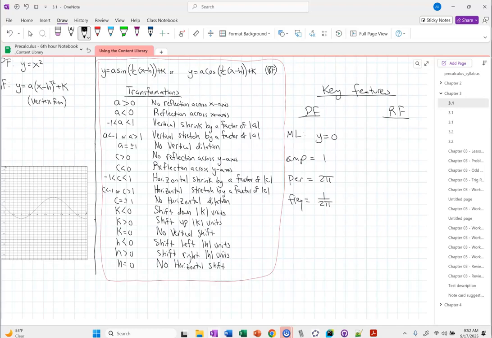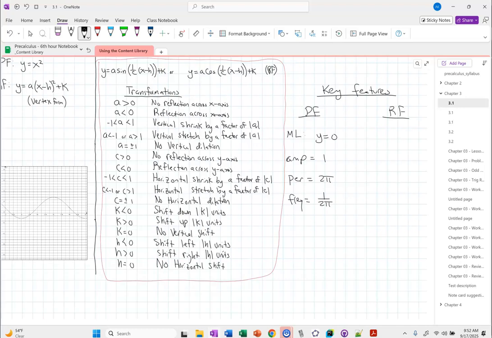So what I want to do is take that information, think about what I know about transformations, and use that to figure out how to tell what the midline, amplitude, period, and frequency will be for any resultant without having to actually look at the picture, where I can just look at the equation. So if I think about the midline, is reflecting the graph across the x-axis going to change the location of the midline?